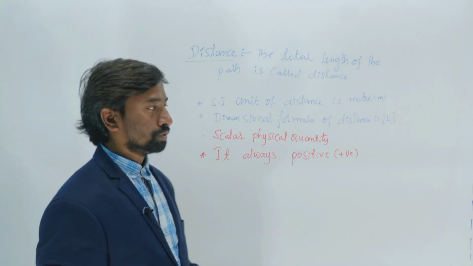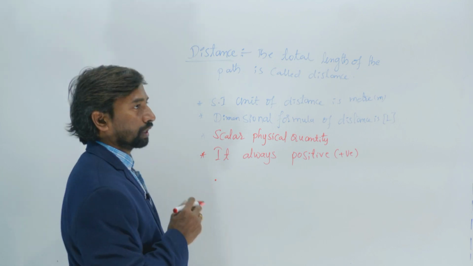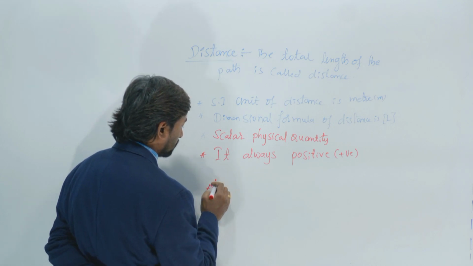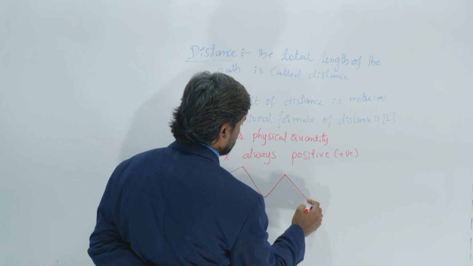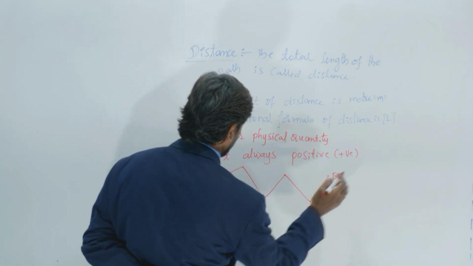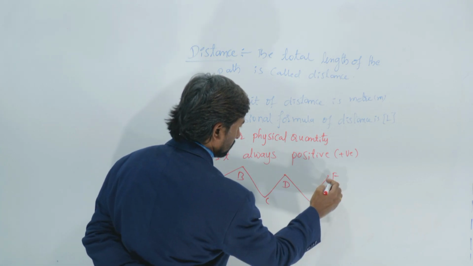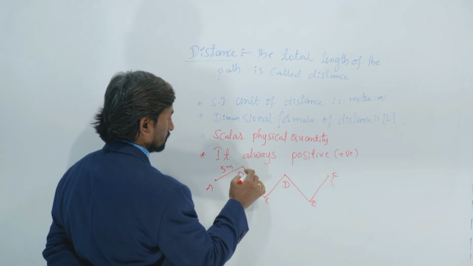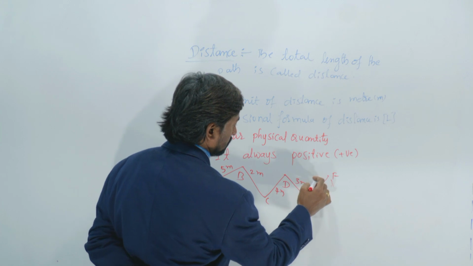Now let us see how we can calculate distance. We'll see how we can measure the total length of the path. Suppose a body started from point A and went to points B, C, D, E and F. So A, B, C, D, E, F. Now let us consider the distances are 5 meters, 2 meters, 4 meters, 3 meters, and 5 meters.